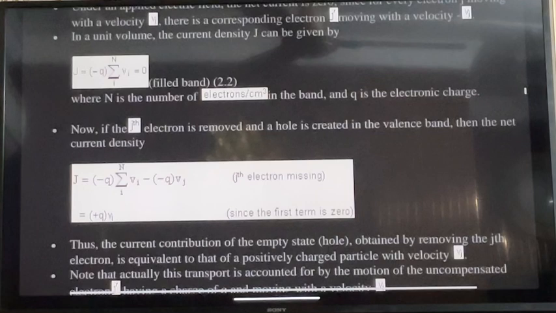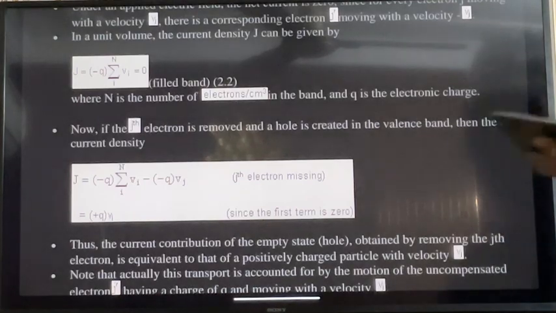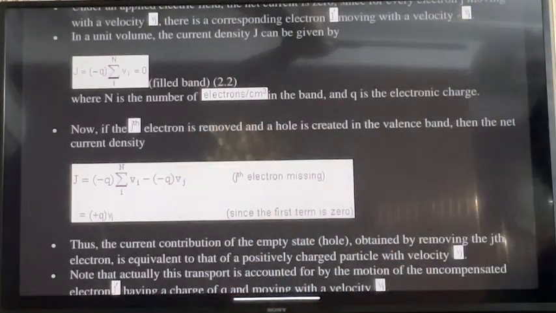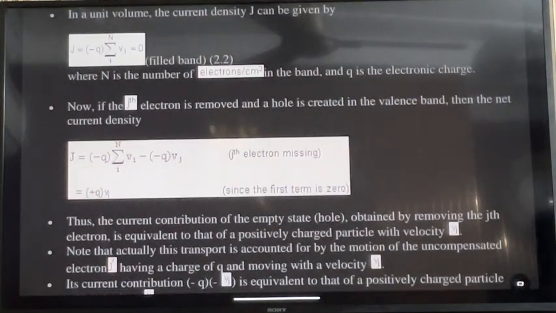This movement will also constitute a current which will be equivalent to the negative of the charge of the electron, so minus q times Vj, which will result in plus q times Vj. So this is how we get the current for a hole.